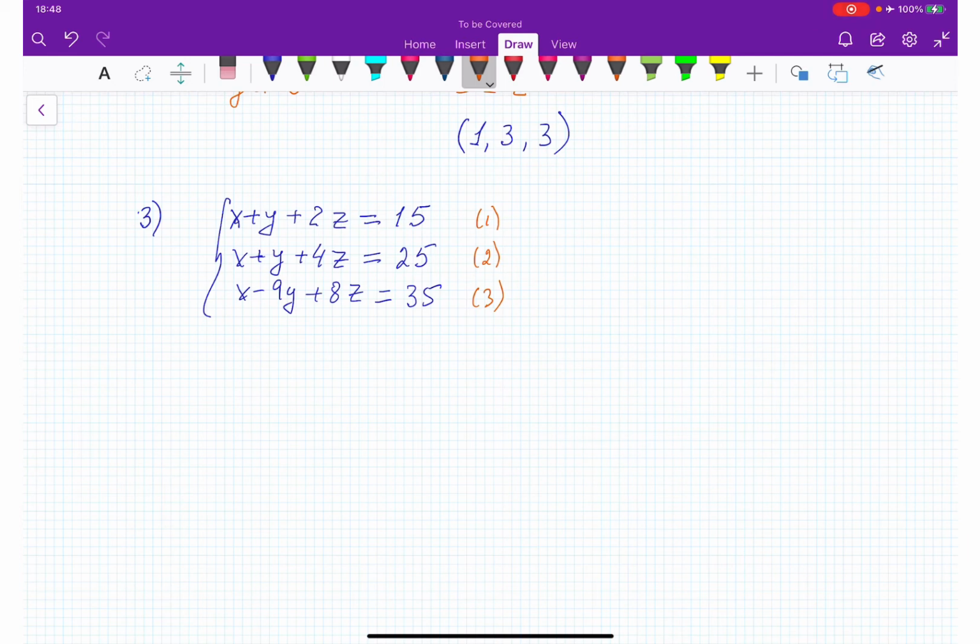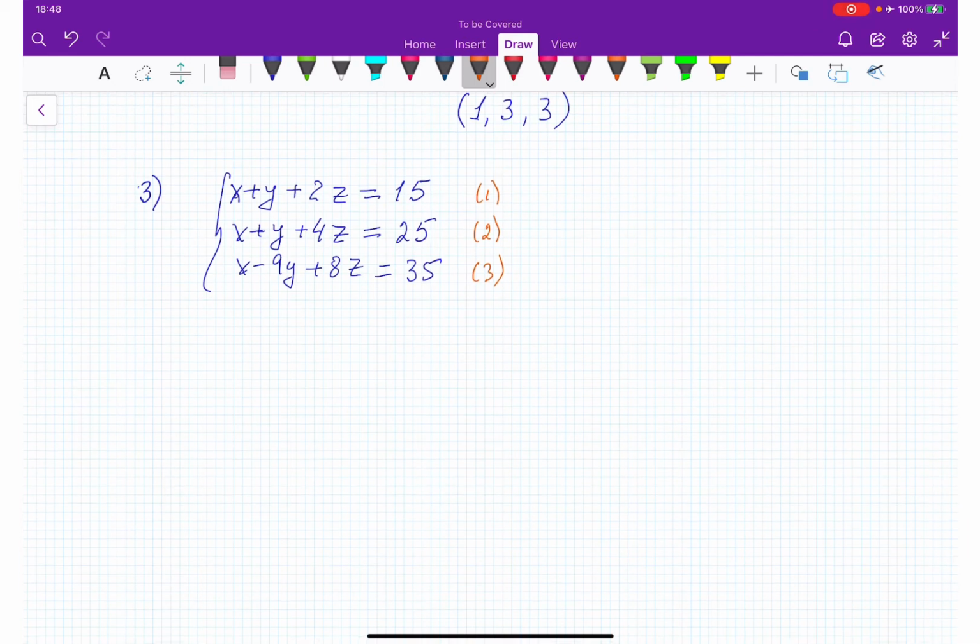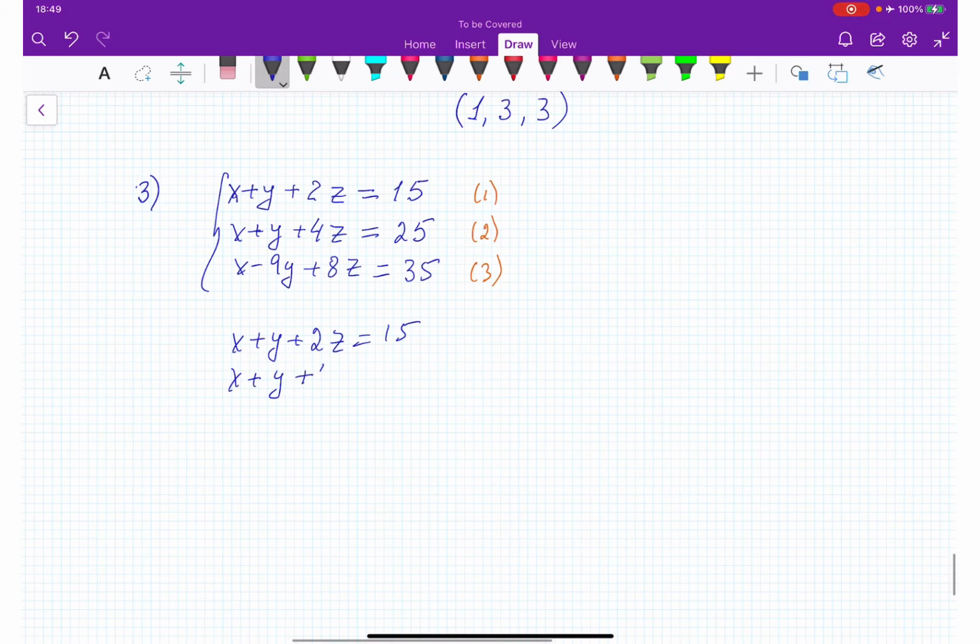Well, okay, combining first and second one, it's going to be x plus y plus 2z is equal 15 and x plus y plus 4z is equal 25.